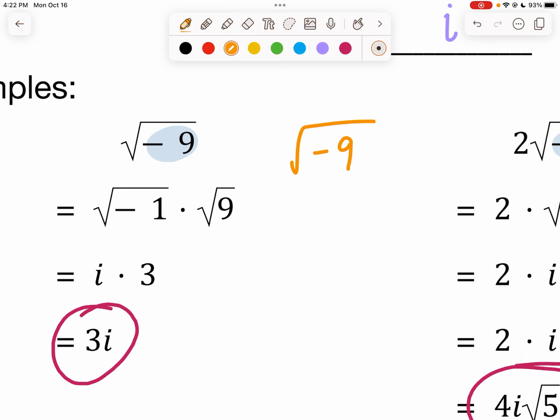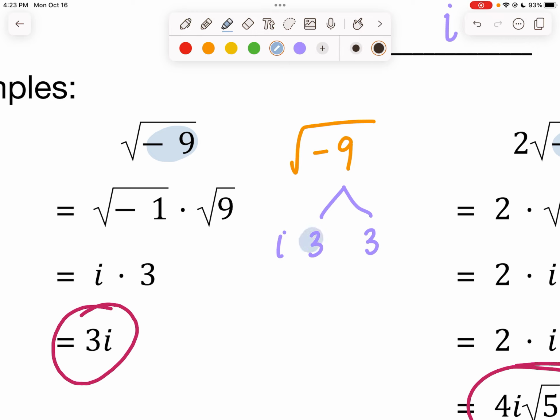Pretend we did it with our trees. Your first step is always going to be to take out that negative number. So we'll break down my number. We know 9 is only really 3 times 3, and the negative on the inside becomes an i.